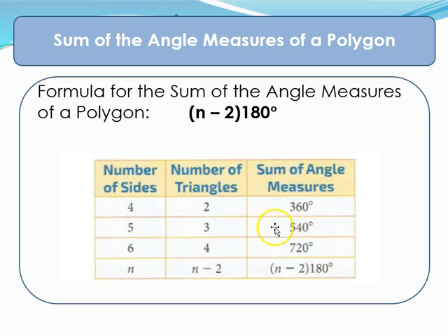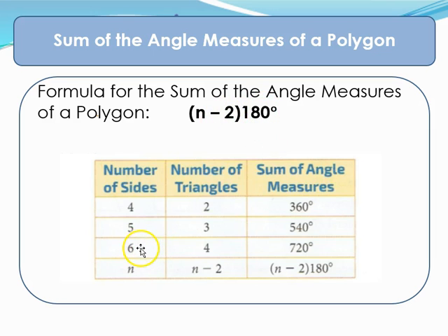Now this applies to regular polygons that have the same side length or congruent sides, and there's a formula that we can use to find this. It's the number of sides minus 2 times 180.